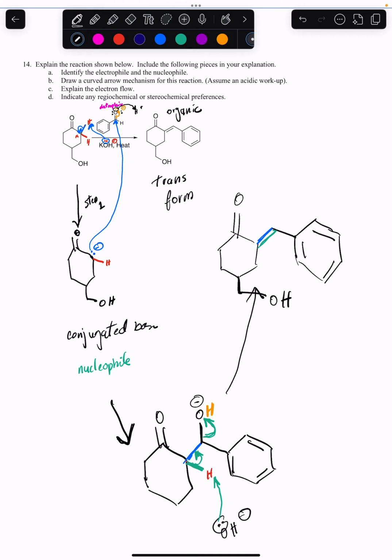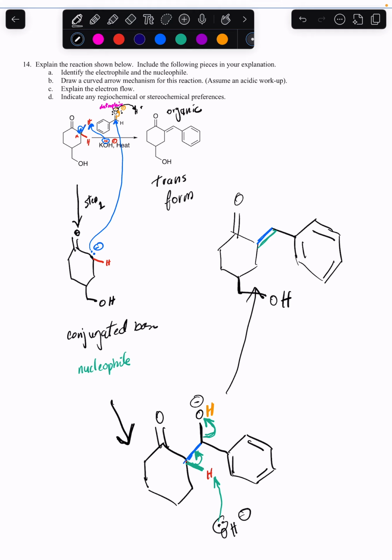This reaction, which is an aldol condensation reaction, has two geometrical isomers that can be formed, cis and trans, but the major and dominant product will be the trans form, which is basically what we have right now.